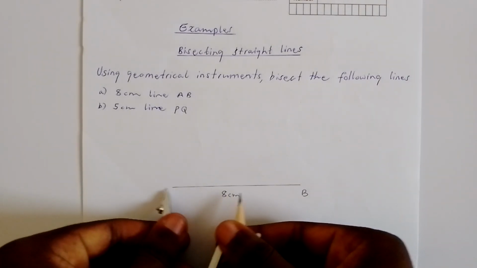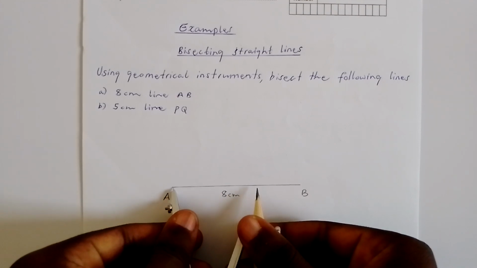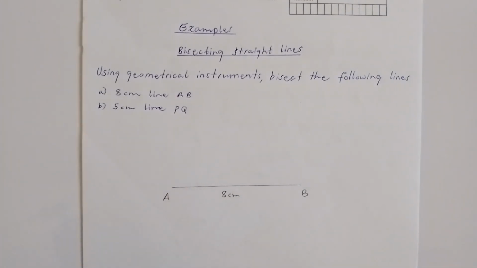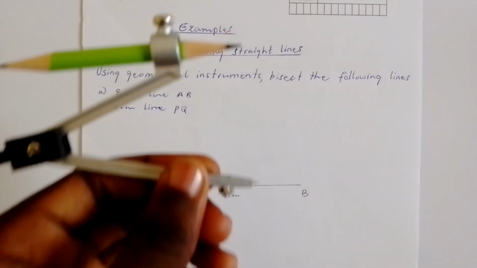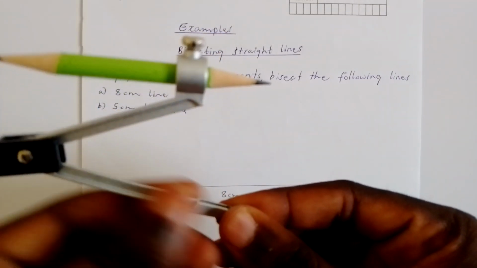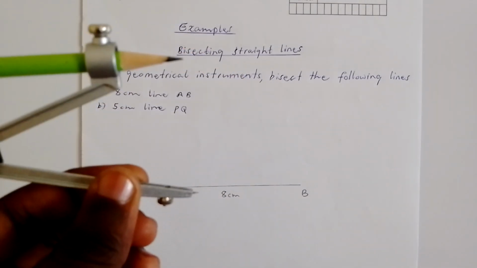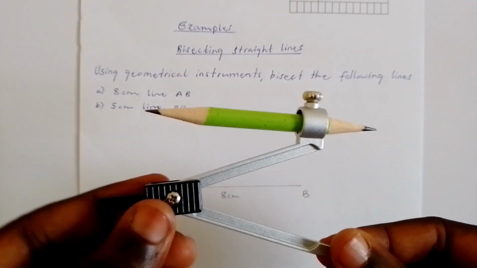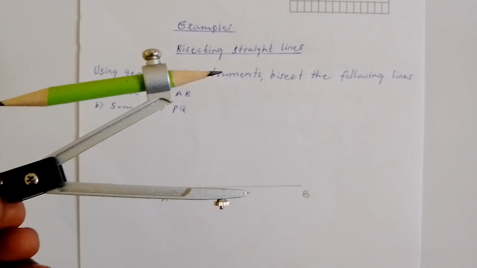As you can see, by looking you can tell that this is more than half. Now, when you are fixing your compass pointer on a vertex, you have to hold your compass from this end somewhere here, okay? You only hold from here when you're constructing an arc.